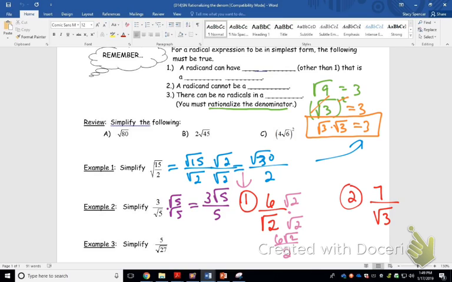So I can do one more step with my whole numbers. I can divide or simplify 6 over 2, which becomes 3. So that would be 3 times the square root of 2, and that would be your answer.